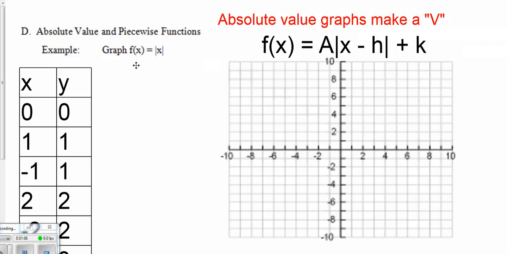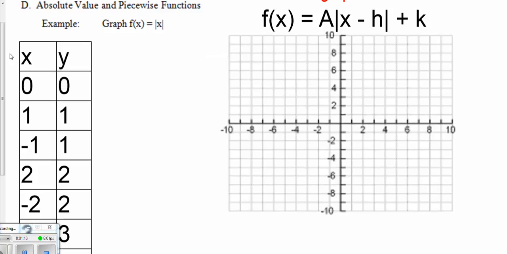Okay, the first time around that we are looking at how to graph an absolute value function, I'm just going to do kind of our standard plugging values into the table. So again, what an absolute value equation means is take whatever's inside of these absolute value bars and make it just the positive version, or find its distance from 0. So if you were to plug in a 0 for x, the absolute value of 0 is 0.